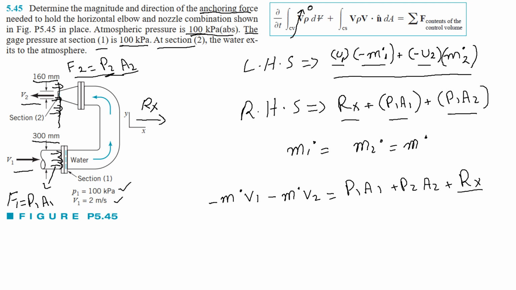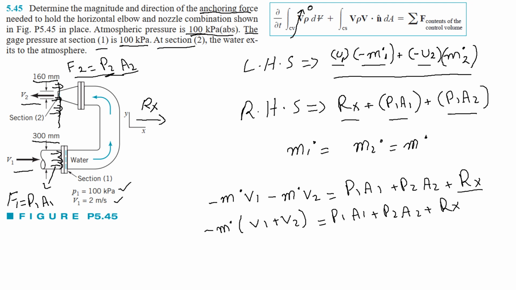This is what I'm going to find. Now I can take minus M dot and V1 plus V2 is equal to P1 A1 plus P2 A2 plus Rx.